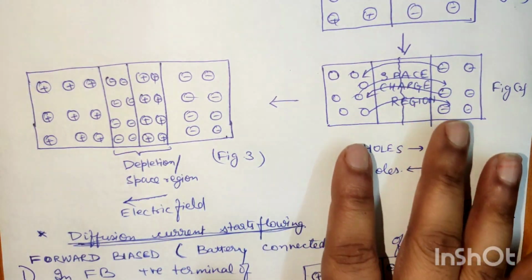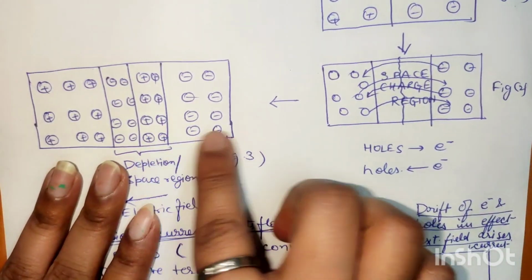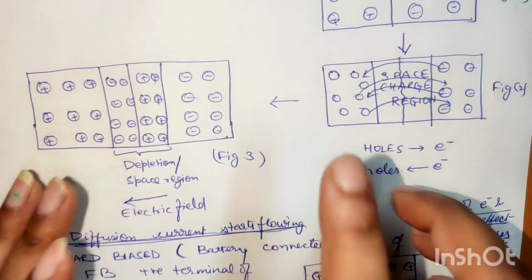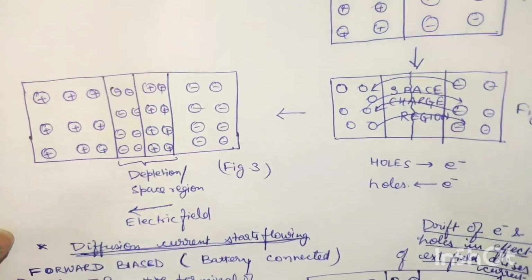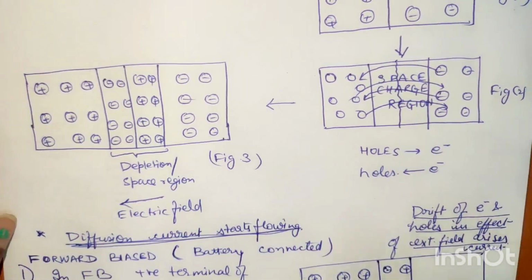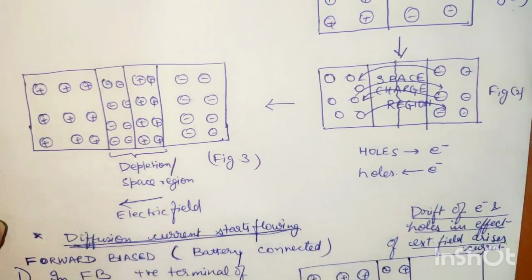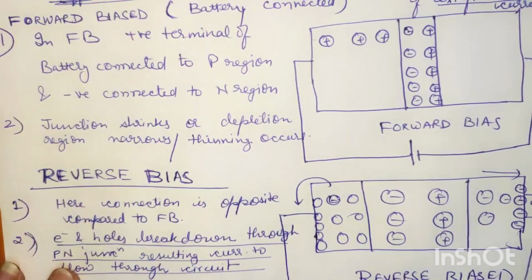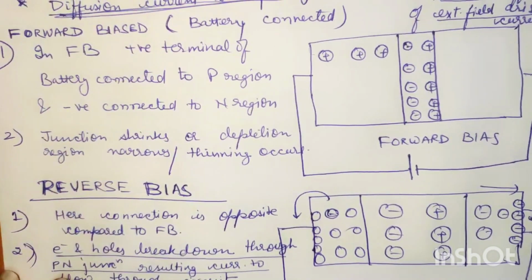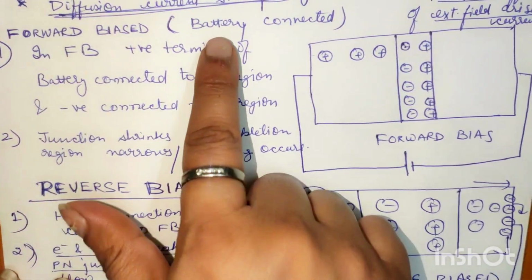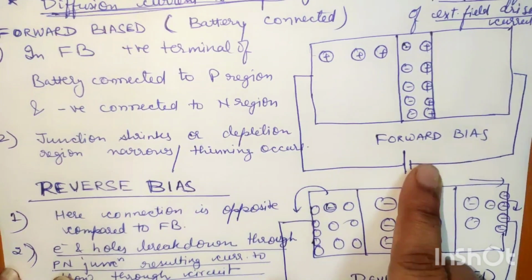Now we don't have a battery in all these structures, you can see, but before understanding the forward bias condition in a p-n junction, I can show you that here we have connected a battery to the p-n junction.